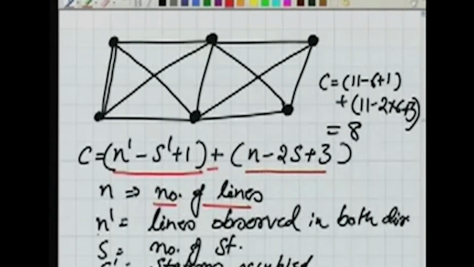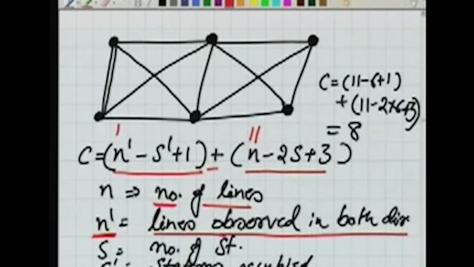N dash is the number of lines which are observed in both directions. The total number of lines here are 11, I will write 11 here. N dash, lines observed in both the directions, again it is 11.